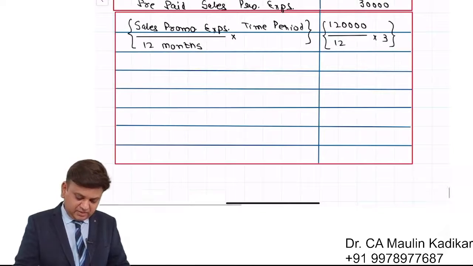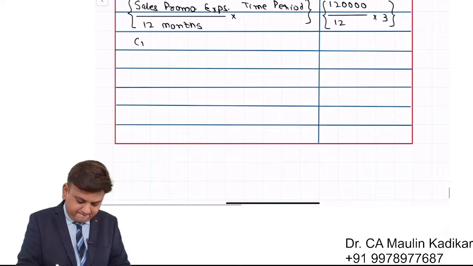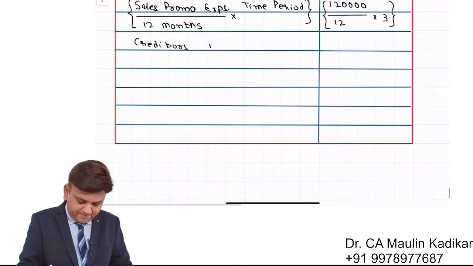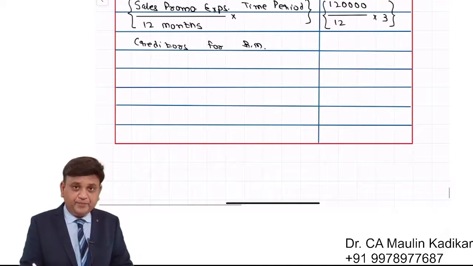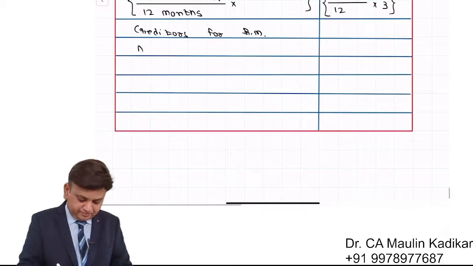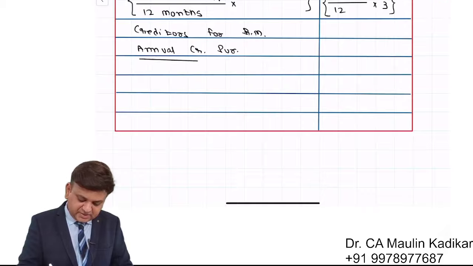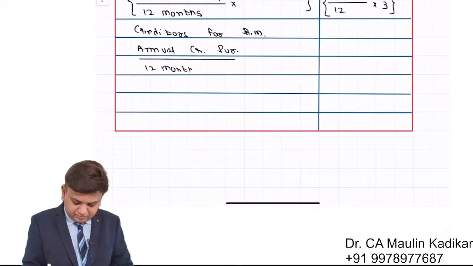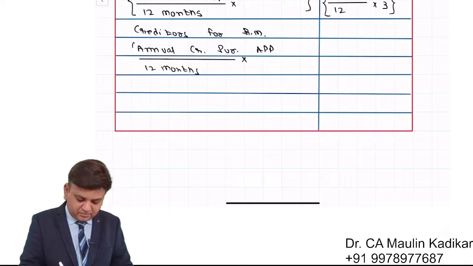Creditors for raw material. In that, annual credit purchases divided by 12 months into average payment period.